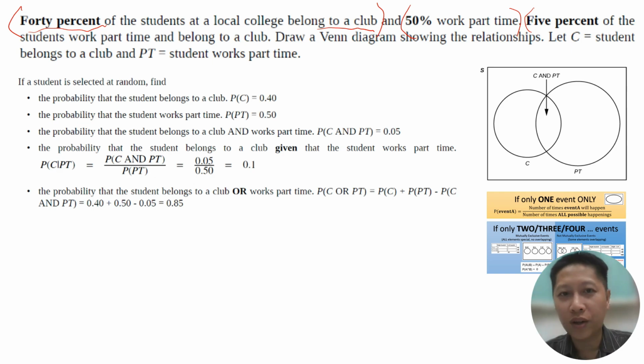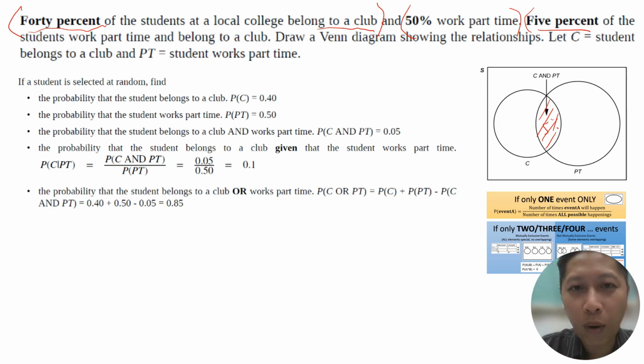Now we are asked to draw a Venn diagram to represent these three groups. See whether there is an intersection between the part-time and also the club. We found that yes, it consists of the 5%. We're not sure how many students are actually inside there. We just know that there's 5%.